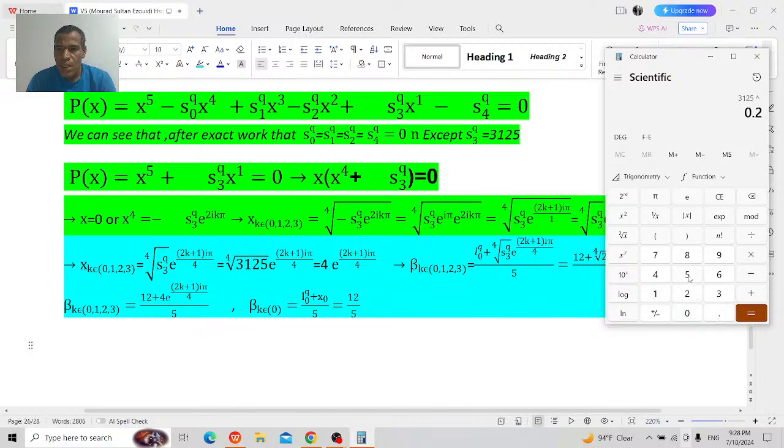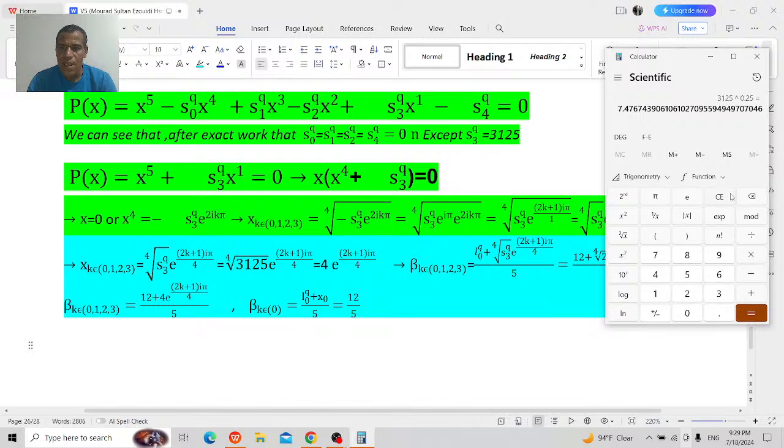It will be equal to 5 times 5, I'll check. This calculator can write the answer in surds, so I will use this one: root of 3,125.